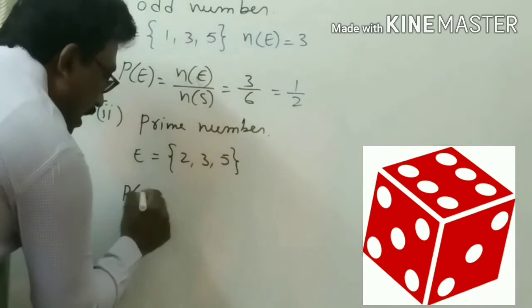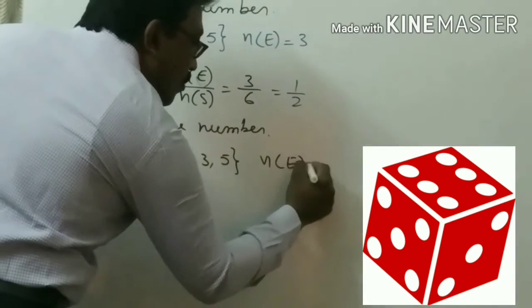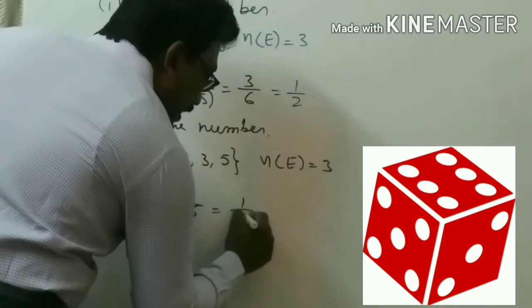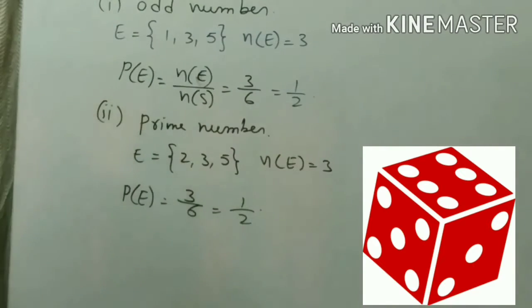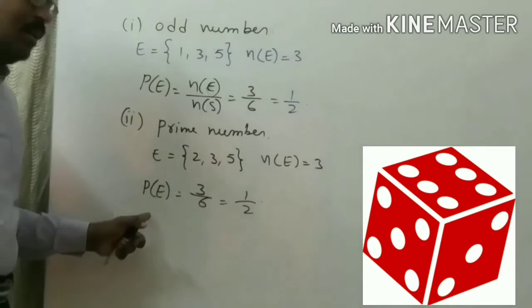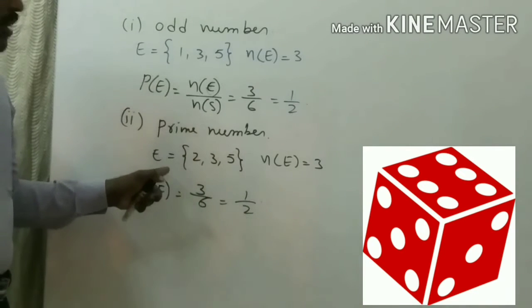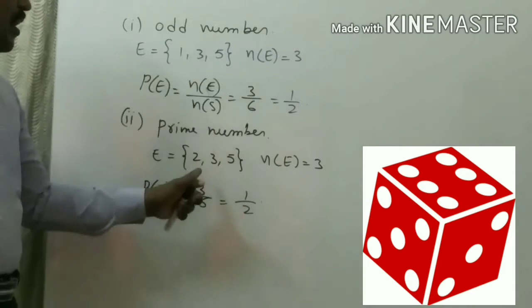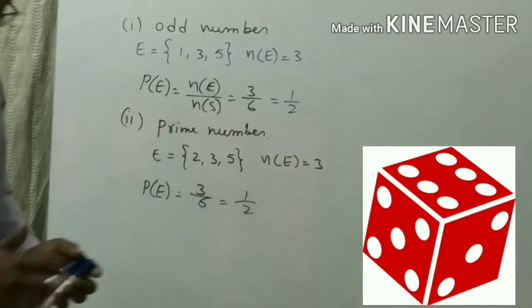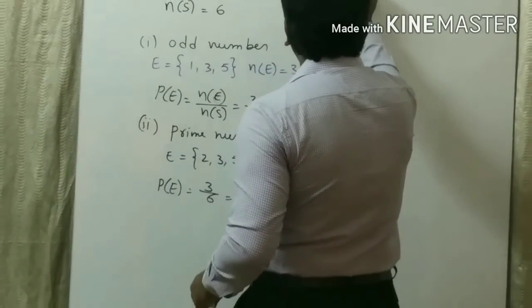Probability of getting a prime number is 3 by 6 because n of E is equal to 3, that is 1 by 2. Of course, the answer is the same for probability of getting an odd number and probability of getting a prime number, but the events n of E are different here: 1, 3, 5 and here 2, 3, 5.